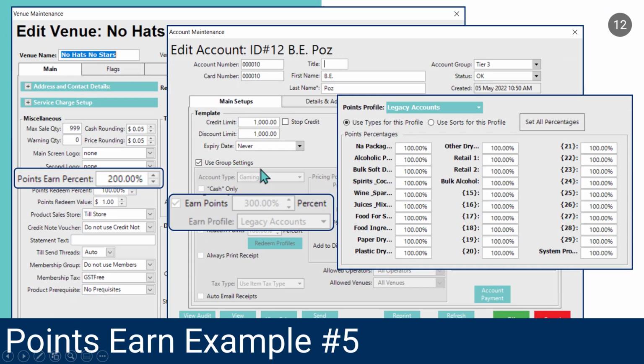But anyway, for one final points earn example, what if both the venue and the account's points earn percentages are higher than 100%? So as we might expect, knowing that the percentages are going to multiply together, if the venue here is configured to 200% and the account is set up to earn, in this case, 300%, so maybe this is an extreme example here, but from a math perspective, 300% converted to a whole number is 3, 200% is 2, so 3 times 2 times the price of the product.